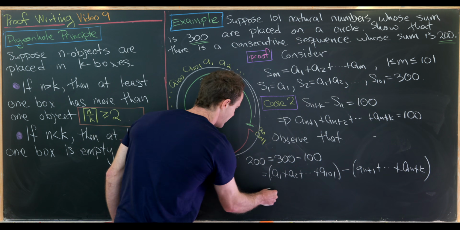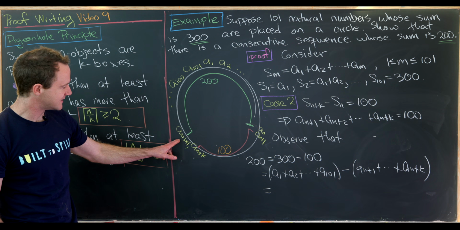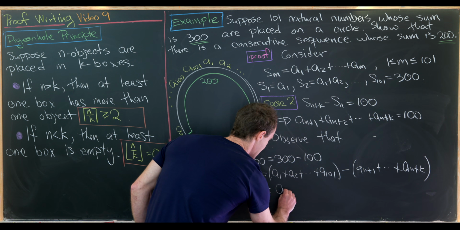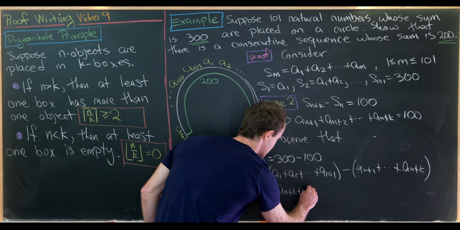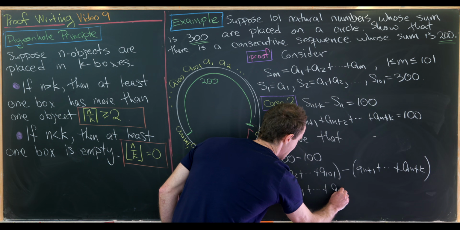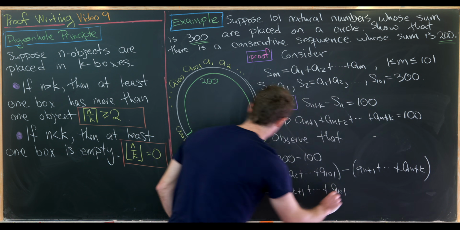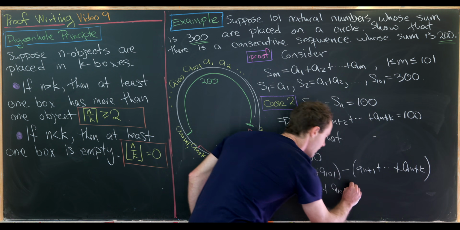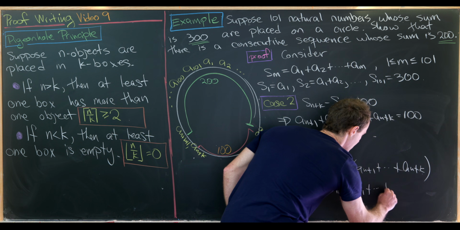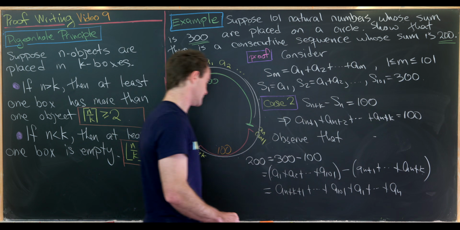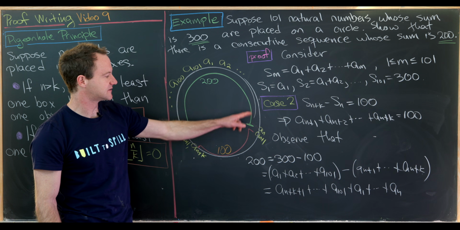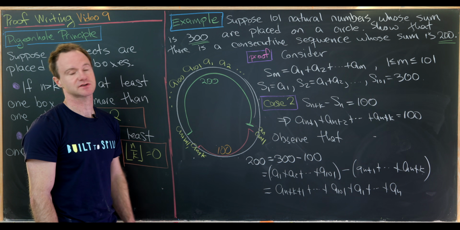Performing that subtraction, we get the following sum. I'll start it right here and loop around: a_{n+k+1} added all the way up to a_101, that's from here to here, and then plus a_1 all the way up to a_n. So 200 is equal to that, which is another consecutive sum of terms along this circle.